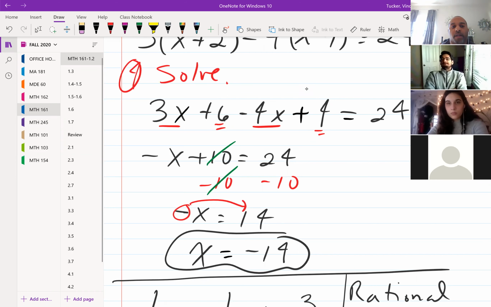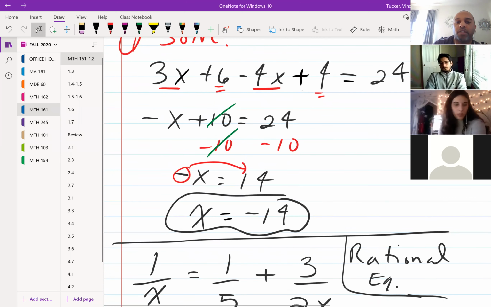Anything else, anybody else before we look at the next example? I think there was a question in the chat. Oh, there's another one. I missed it. Yeah, that's what he asked, where did the 10 come from? How do you find the LCD? Yeah, we talked about that. Okay, we should be good.